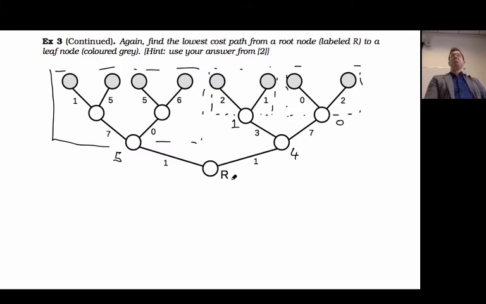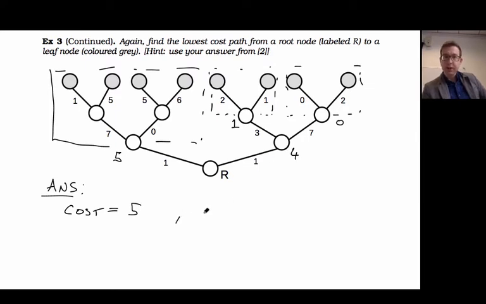Left or right? Right, good. So the answer here is that we get a cost of 5, 1 plus 4, and we go right, then we go left, and then we go right.